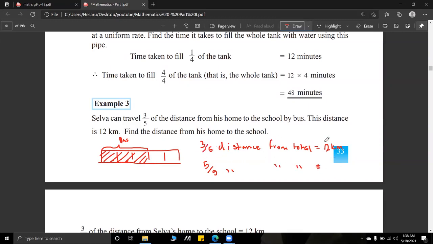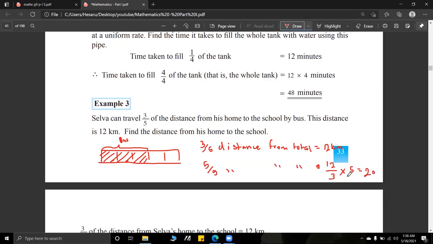For 3 over 5 it's 12. So for 1 over 5 it will be 12 divided by 3, and we need 5 over 5, so we have to multiply it by 5. The value will be 12 divided by 3, which is 4, into 5, it's 20.